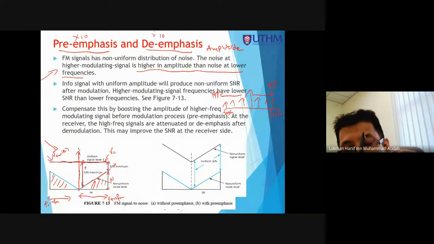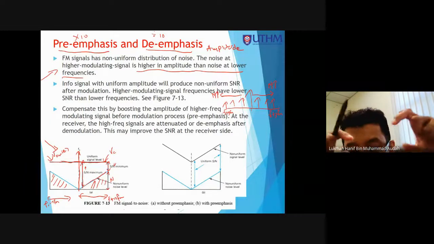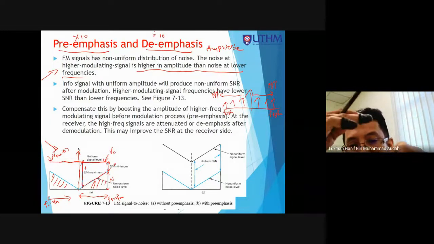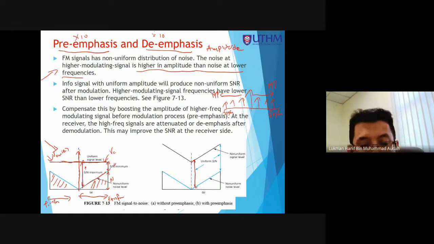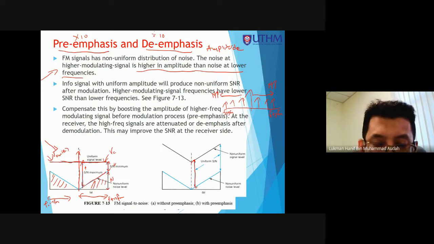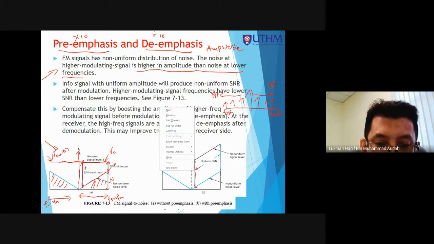We can distort or we can edit. We can modify the signal, okay, by increasing the amplitude of the signal, so that we can achieve better SNR. Maknanya SNR itu kita nak naikkan lagi lebih bagus. Okay. So you see that here the target is to achieve a uniform SNR.